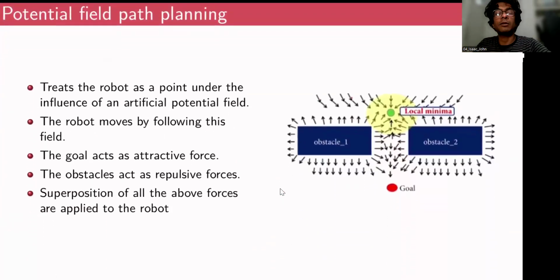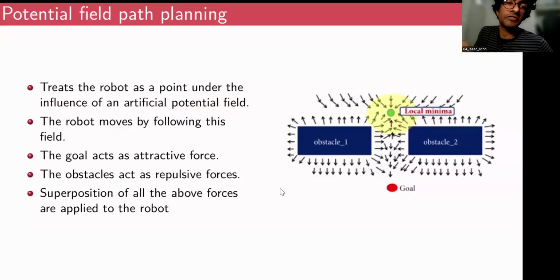Then another approach for finding the ideal path is something we call potential field path planning, right? So we create an artificial potential field, right? So the basic feature is that it treats the robot as a point under the influence of an artificial potential field.